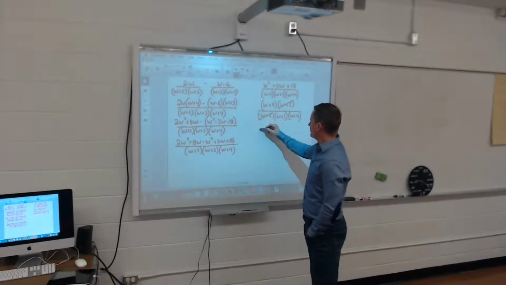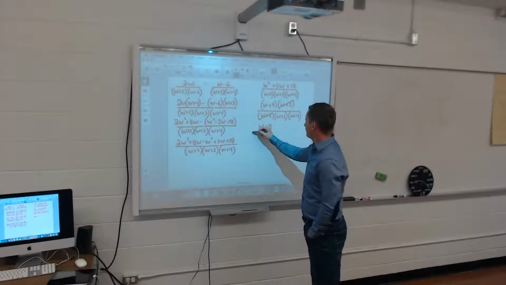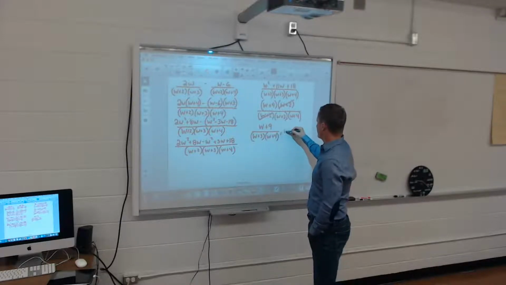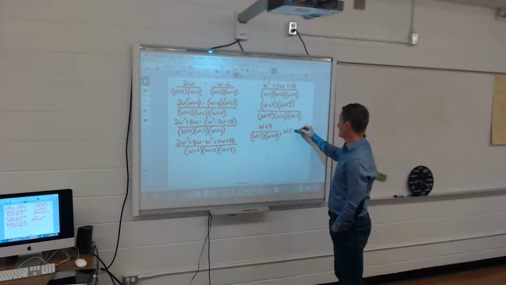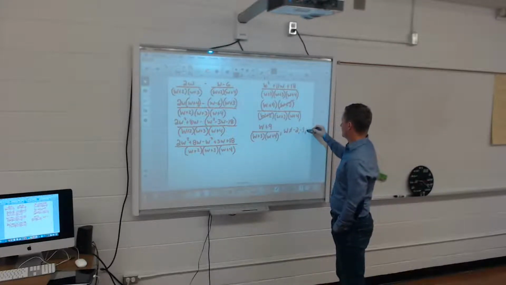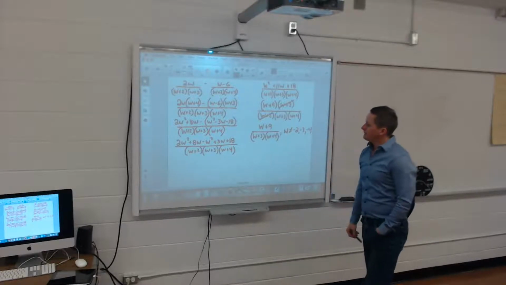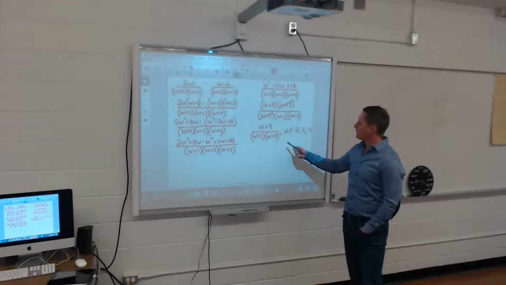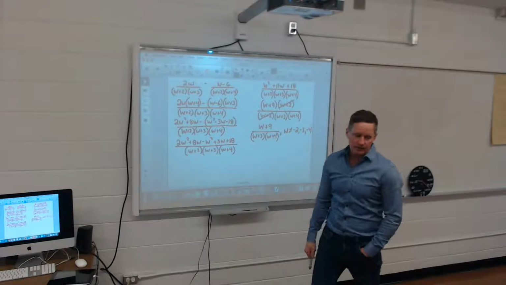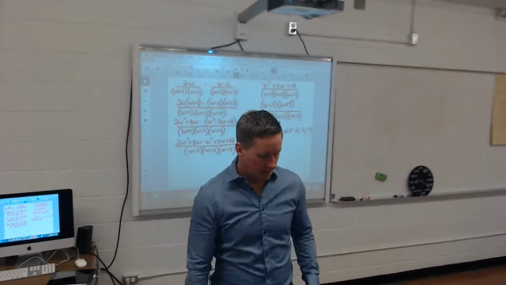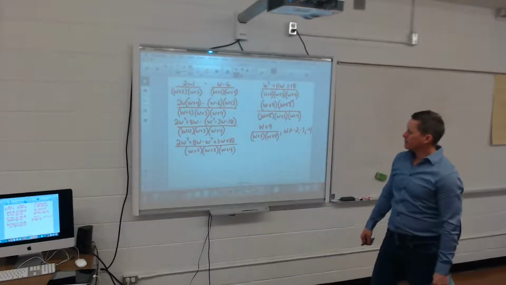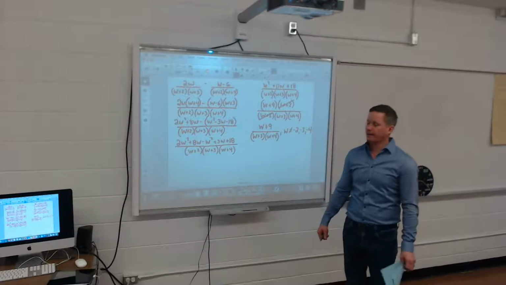So the final solution for this guy is w plus 9 over w plus 3 times w plus 4, where w cannot equal -2, -3, and -4. That's a doozy of a question. That's probably the most amount of work you're going to see in one question is this guy.